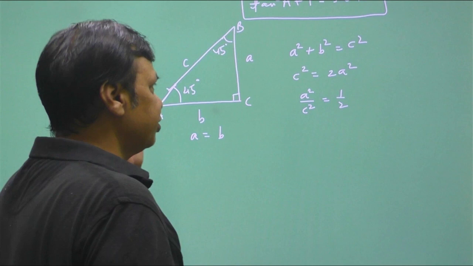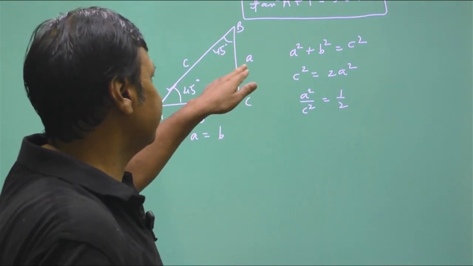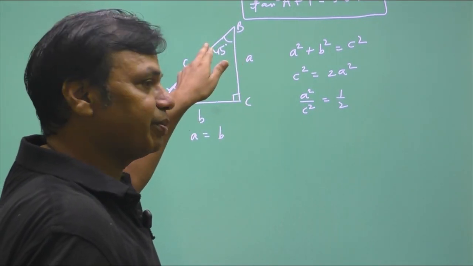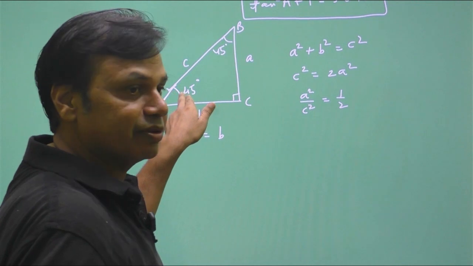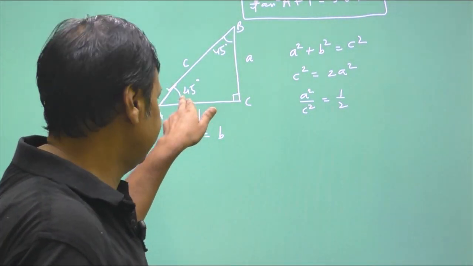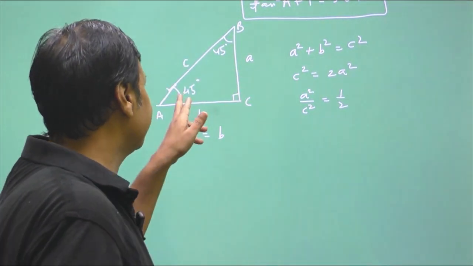And A by C, you can guess, is cos 45. Both the angles are 45 degree.